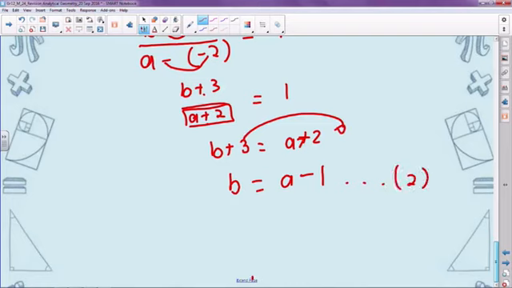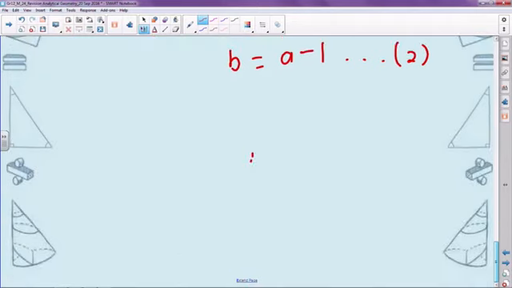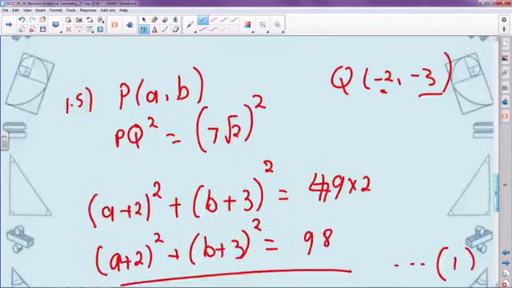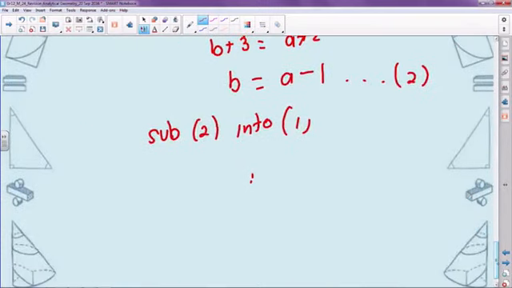And now we're going to substitute. So we're doing a simultaneous equation. Substitute equation 2 into equation 1, and then work out the values for a and b. So we end up with the following.